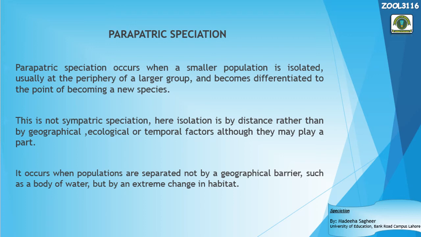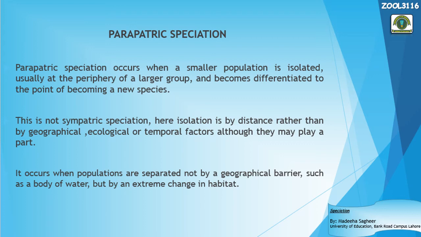So let's read it now. Parapatric speciation occurs when a smaller population is isolated, usually at the periphery of the larger group. Right? So, as I have told you, a small group of individuals gets separated or isolated at the periphery of the larger group.